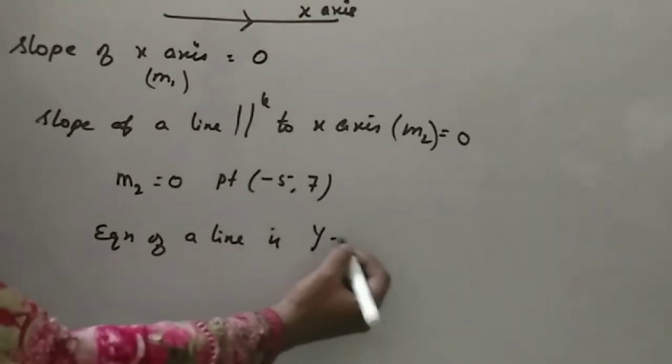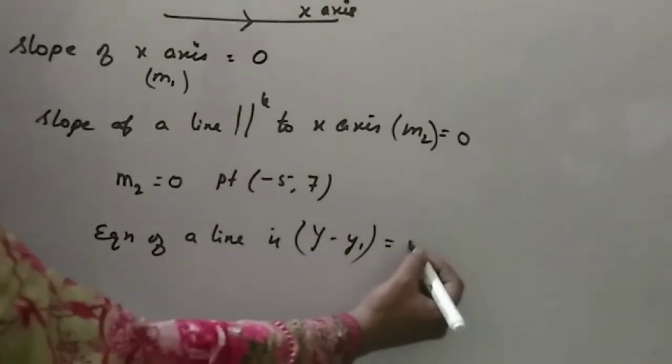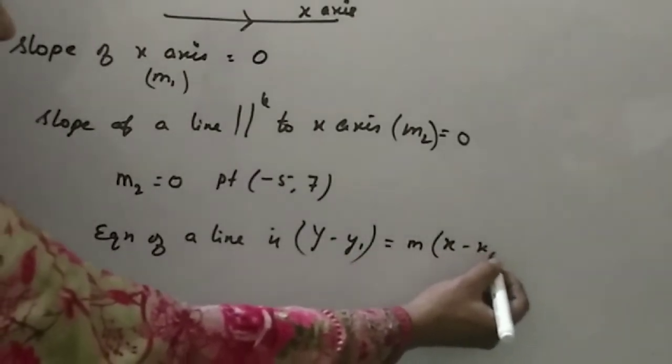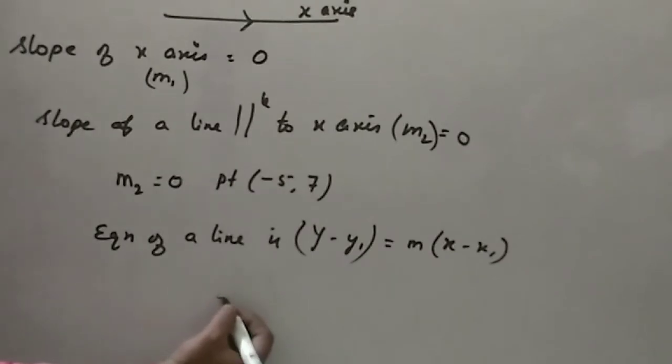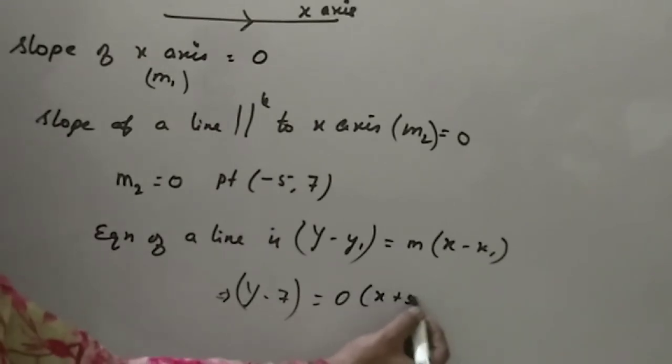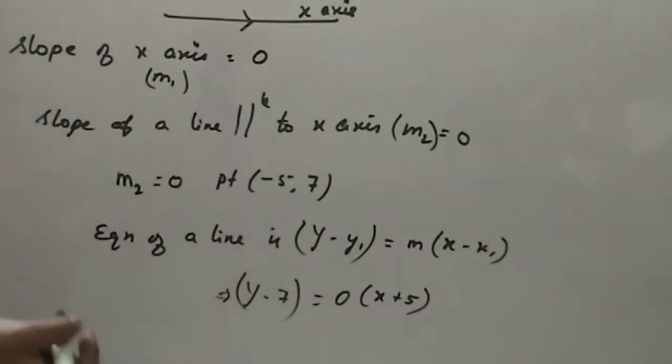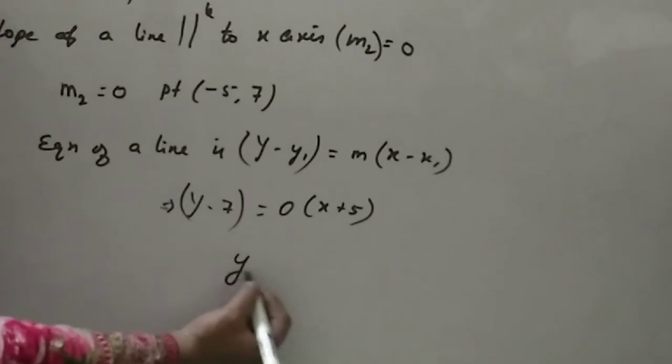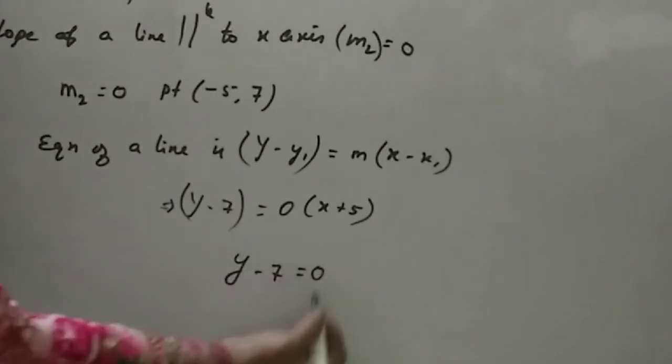The equation of a line is y minus y1 is equal to m into x minus x1. So write y minus 7 is equal to 0 into x plus 5. Anything multiplied with 0 is 0. So you write y minus 7 is equal to 0.